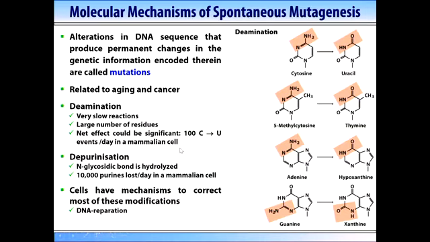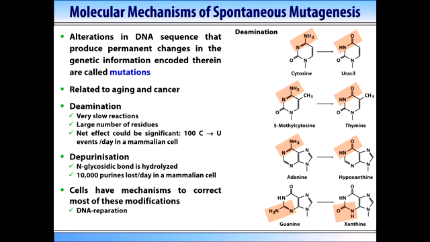There are several different types of chemistry associated with it. For example, deamination. What that means is that a normal nucleotide, cytosine, can spontaneously deaminate into uracil. The cell manages to recognize this problem and fix it. Why do you think it can easily recognize that problem in the DNA?